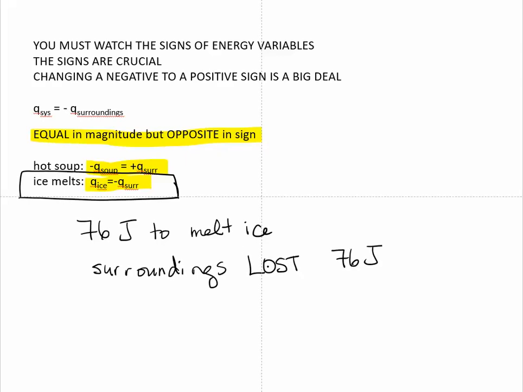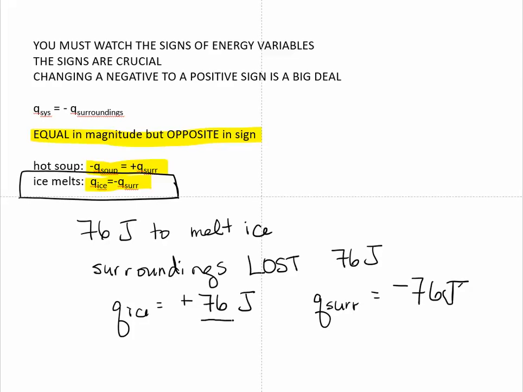So since the surroundings lost it, the Q of the ice is positive 76 joules, that's how much energy the ice gained. The Q of the surroundings is negative 76 joules, because that's how much energy it lost. Equal in magnitude, 76, opposite in sign, gain versus lost.